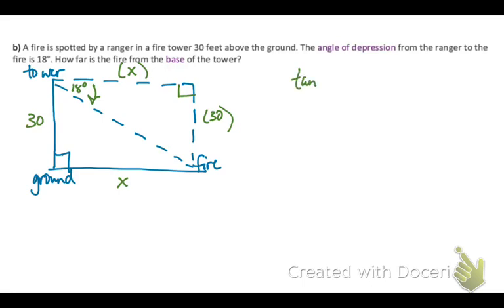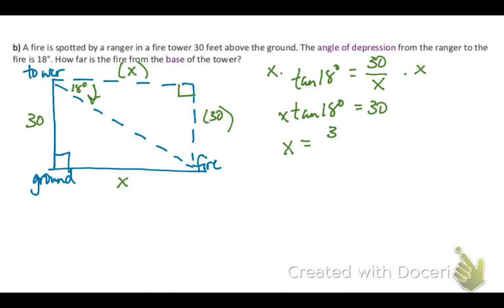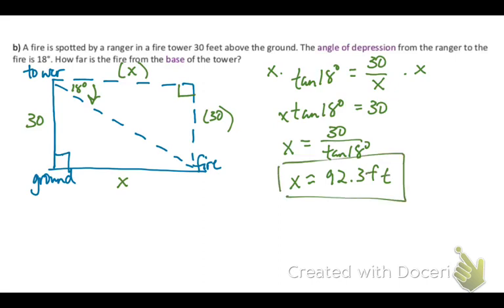So we can set up an equation that says the tangent of 18 equals the opposite length, which is 30, over x. So multiply both sides by x and then divide by the tangent of 18. So 30 divided by the tangent of 18 degrees. So how far is the fire from the base? Approximately 92.3, and we are in feet.